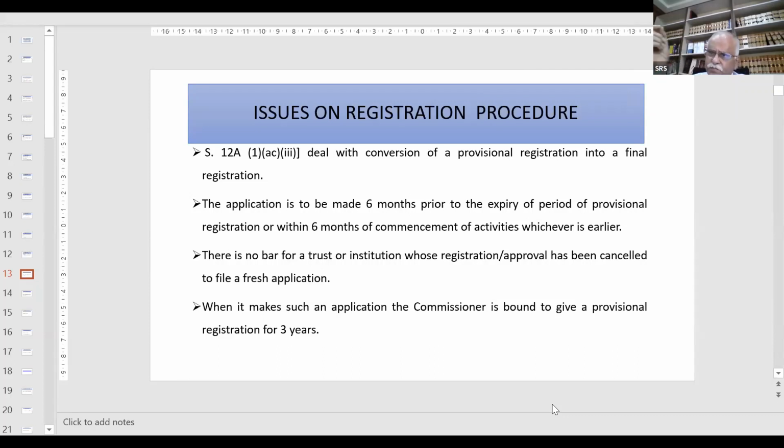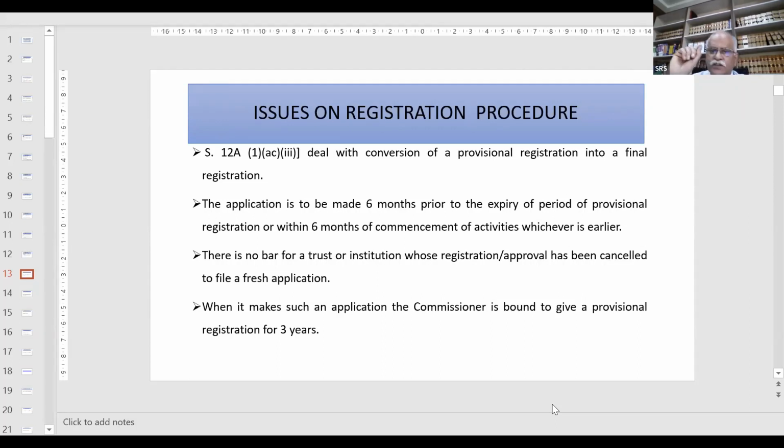So that 6 months period of the commencement of activity limit cannot apply to an existing trust which seeks the registration for the first time, or a trust whose registration has been cancelled and makes a fresh application for registration after cancellation. That 6 months period with reference to commencement of activities cannot be implemented at all, because it is beyond one's powers. The law cannot expect you to do the impossible.